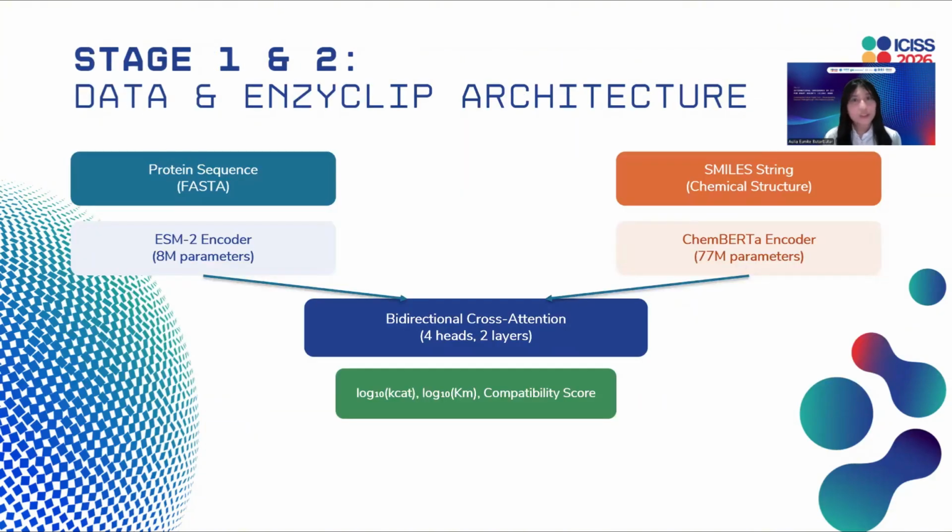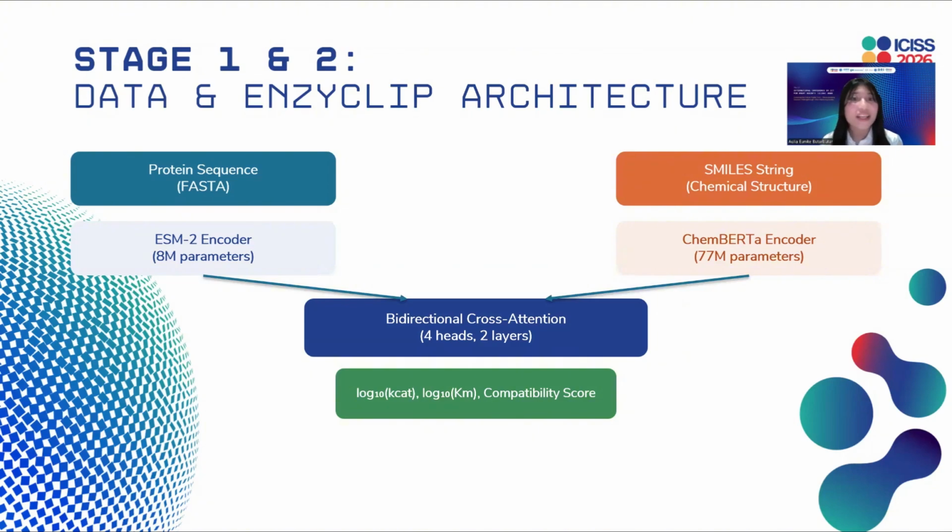Data retrieval is pretty much straightforward, but on the other hand, the processing phase is considerably more complex because a single encoder cannot process both protein sequences and chemical structures efficiently, because they use entirely different grammars. Our dual encoder architecture solves this by assigning specialized models to handle what they do best.